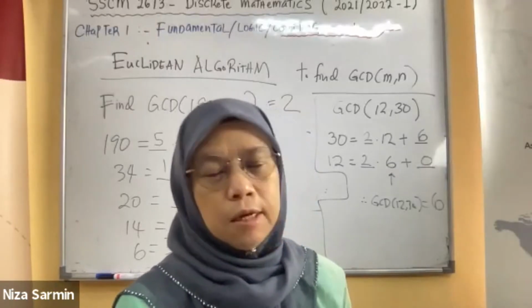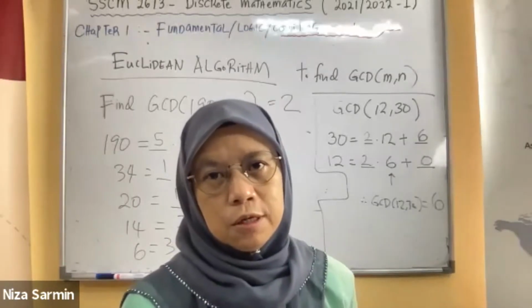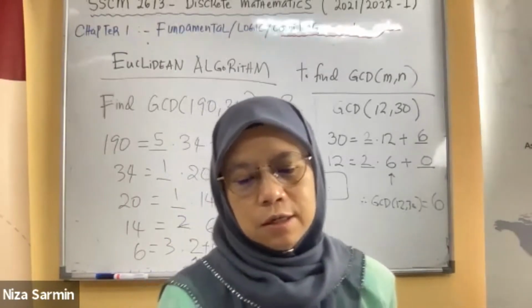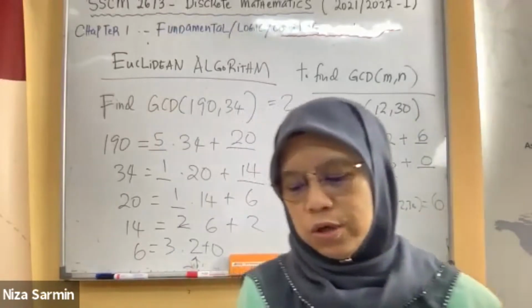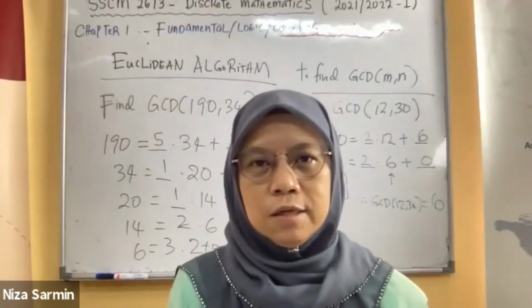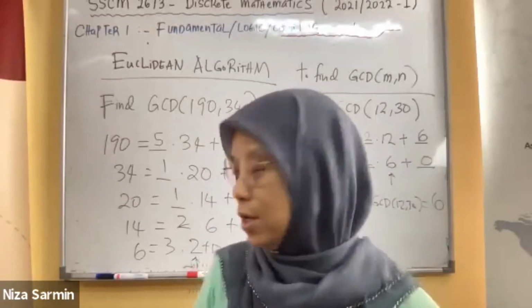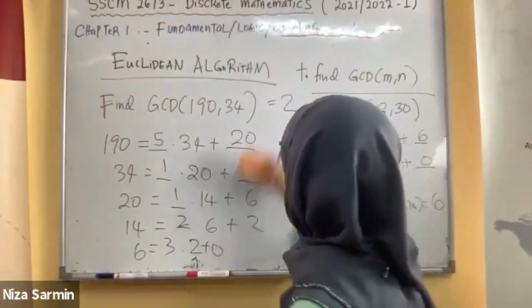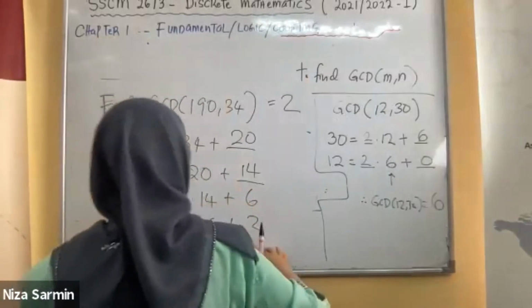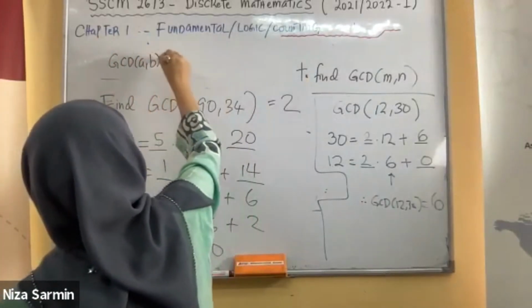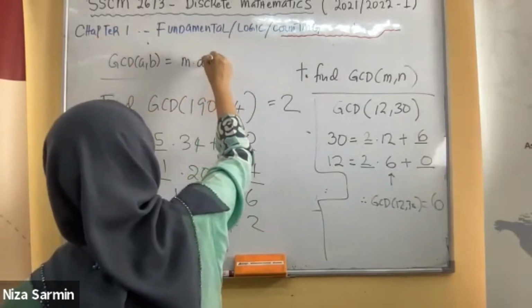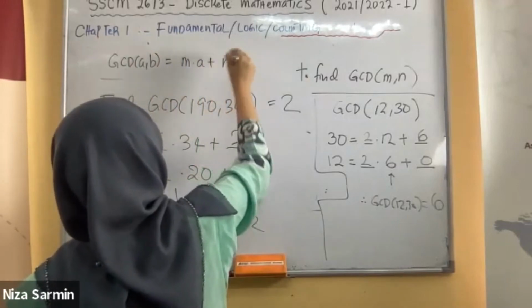And the next question, sometimes they ask you to write the GCD in terms of the original numbers. Because before I said GCD of A and B can be written as M times A plus N times B.